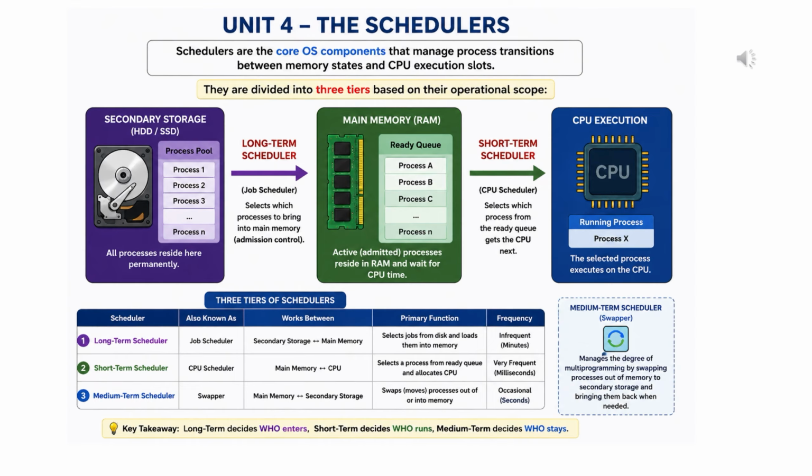There are three main types of schedulers: the long-term scheduler, the short-term scheduler, and the medium-term scheduler, which is covered in advanced operating system concepts. In this chapter, we will mainly focus on the long-term scheduler and the short-term scheduler. Let's begin with the long-term scheduler in the next section.